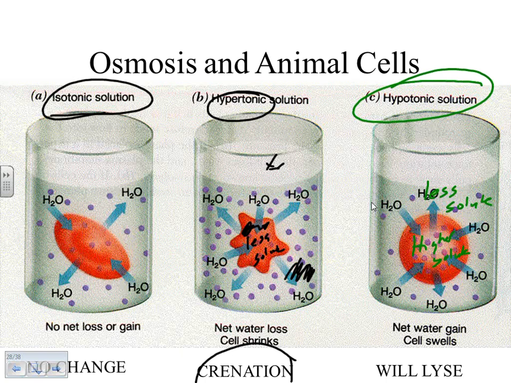Again, that's of course assuming that the cell membrane is permeable to water, but not permeable to the solute. That's an important point to make. In an animal cell, if this is allowed to continue happening for a long time, this cell is going to swell and swell until eventually it will burst, or lyse. There's no wall here to protect it, so it just continues to take on water, continues to build up pressure until it pops.